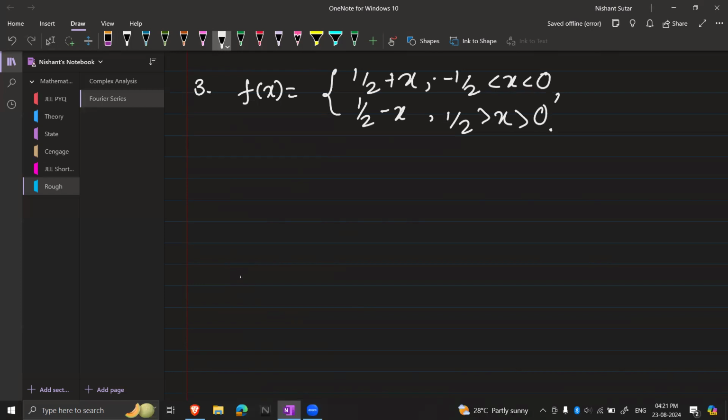So if you observe that, if you plot the graph of this function, I'm not good at drawing, you will see that this function is an even function on both sides.